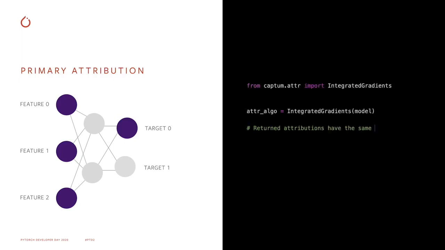On the right side, we can see how we can do that using the integrated gradients algorithm, and we see how we use the same generic signature of attributions to compute feature importance.